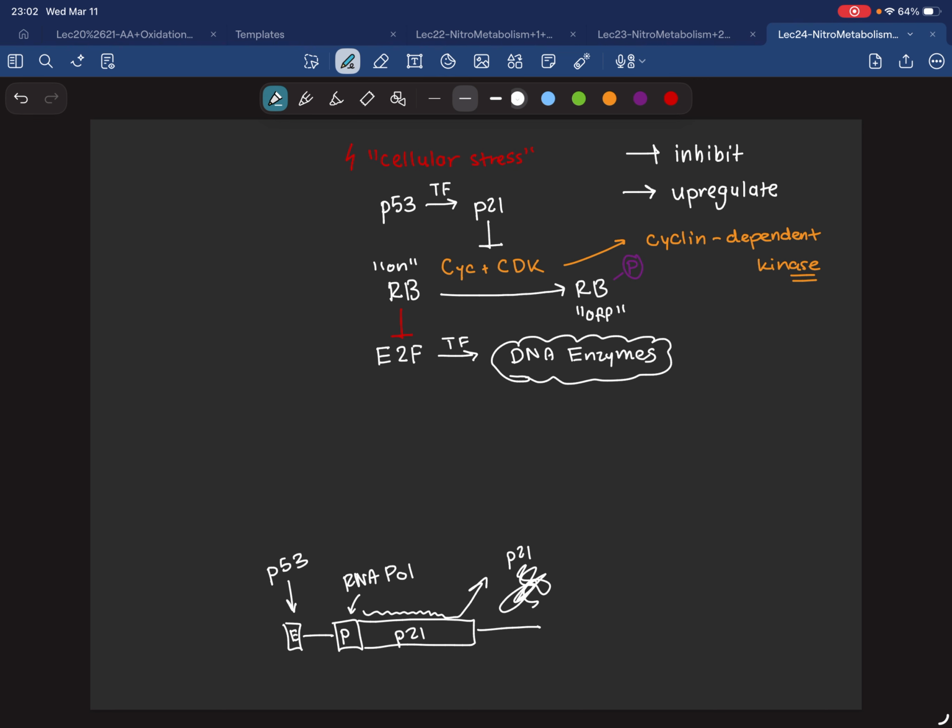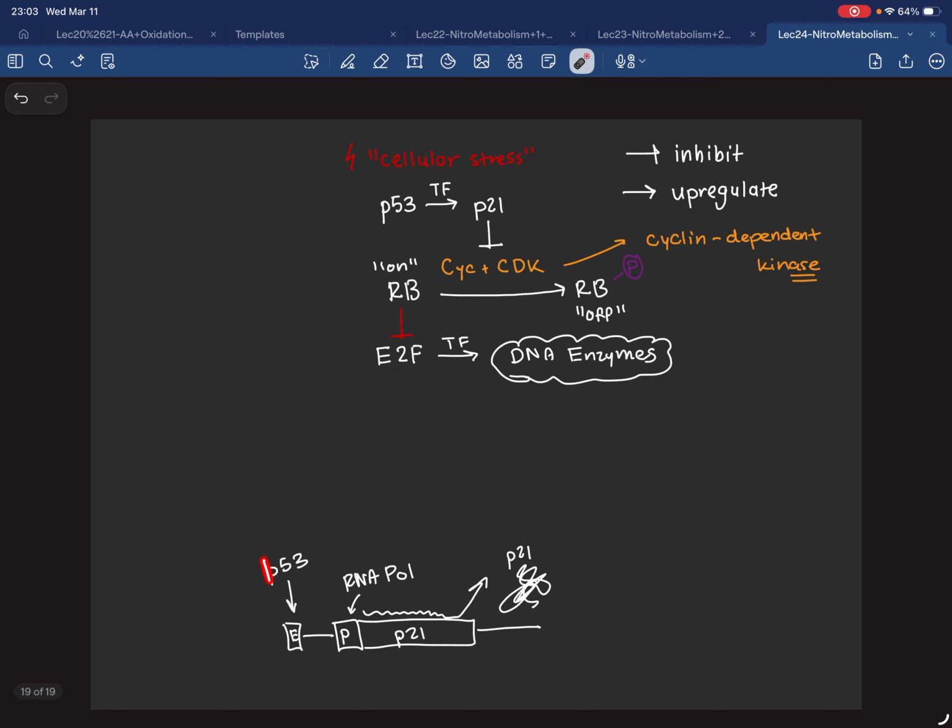E2F is a transcription factor that helps those move along. So we've been told that cyclins and CDKs help advance the cell cycle. Yes, they do. RB is a co-repressor for the thing that promotes DNA enzymes.